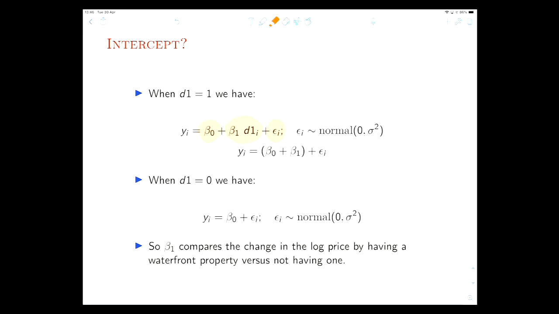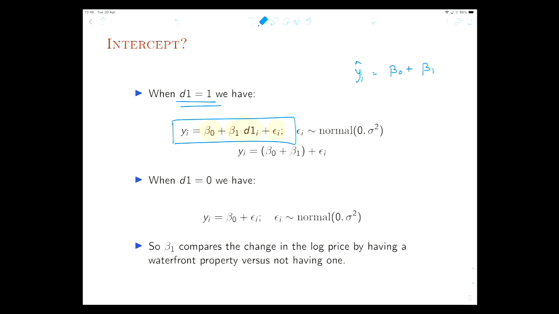We interpret it in the sense that whenever D1 is equal to 1, meaning when we have a house with a waterfront, then our fitted model looks like this: yi is equal to beta 0 plus beta 1. Obviously D1 is equal to 1, so we just have that. So yi hat is beta 0 plus beta 1.